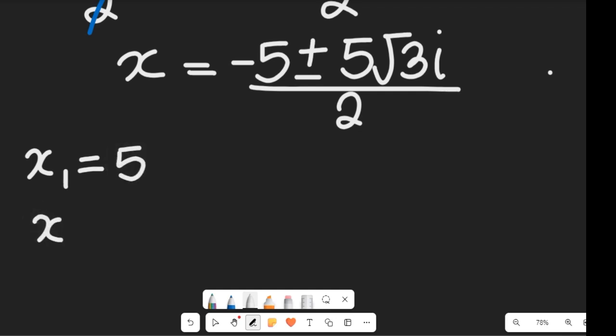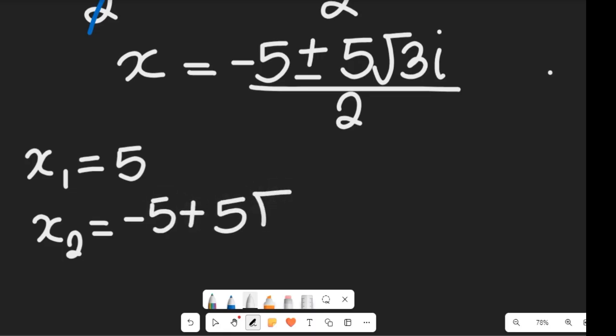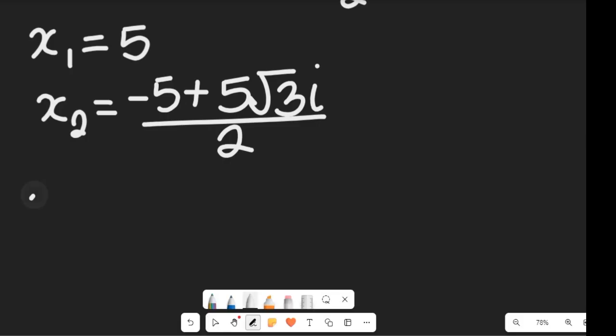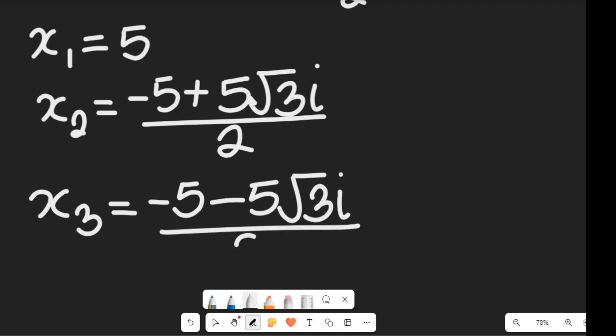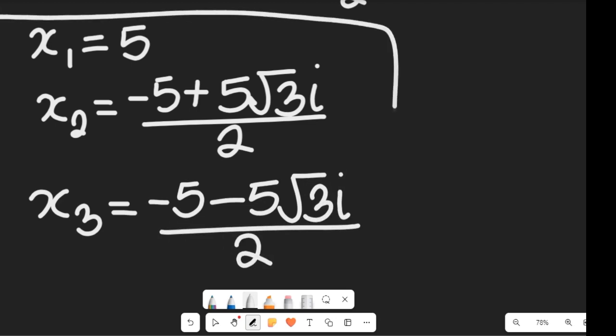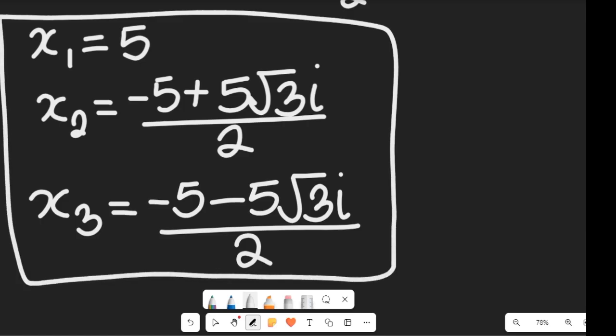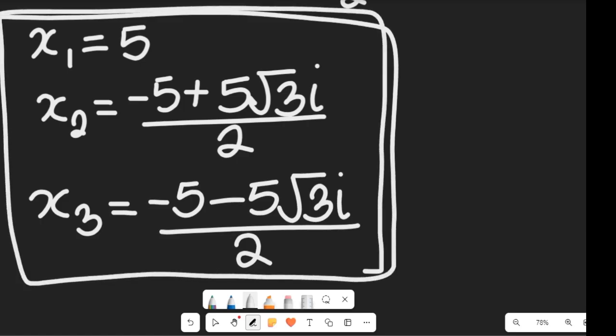And then our x2 will be equal to negative 5 plus 5 root 3j divided by 2, and then our x3 will be equal to negative 5 minus 5 root 3j divided by 2. And these are the solutions of x that satisfy that expression given to us up there.